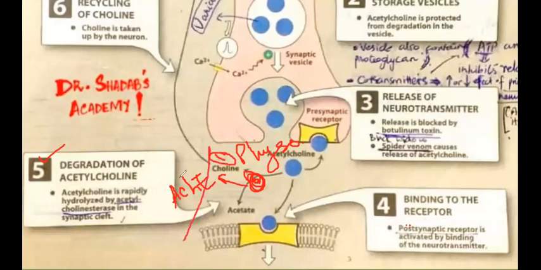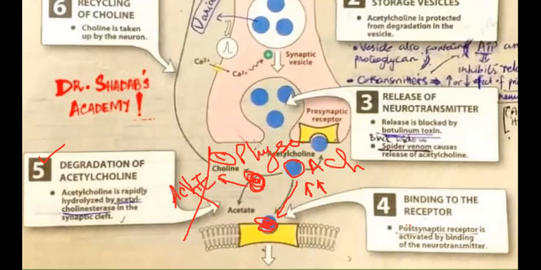It inhibits this enzyme. When the activity of this enzyme is no more, the levels of acetylcholine, ACh, will rise in the synaptic cleft. Okay, so the acetylcholine that is already bound to this receptor will remain bound to this receptor for a longer period of time, because there is no enzyme that will hydrolyze this acetylcholine neurotransmitter.